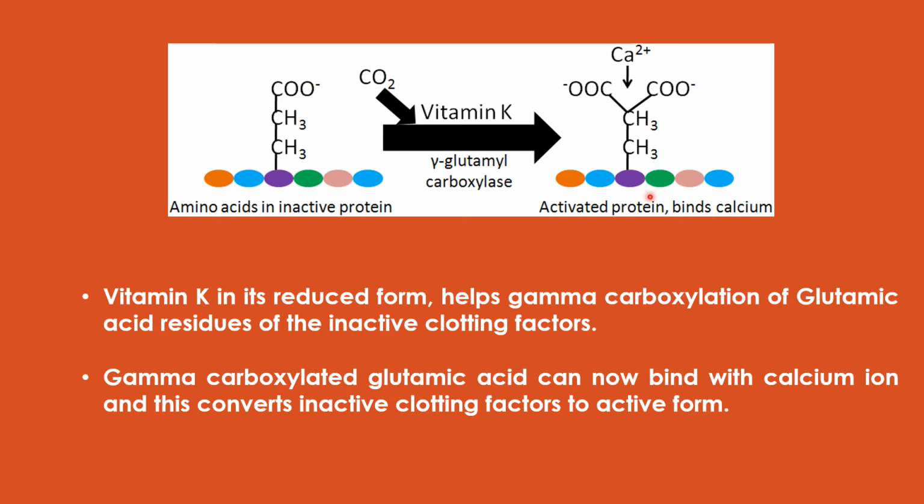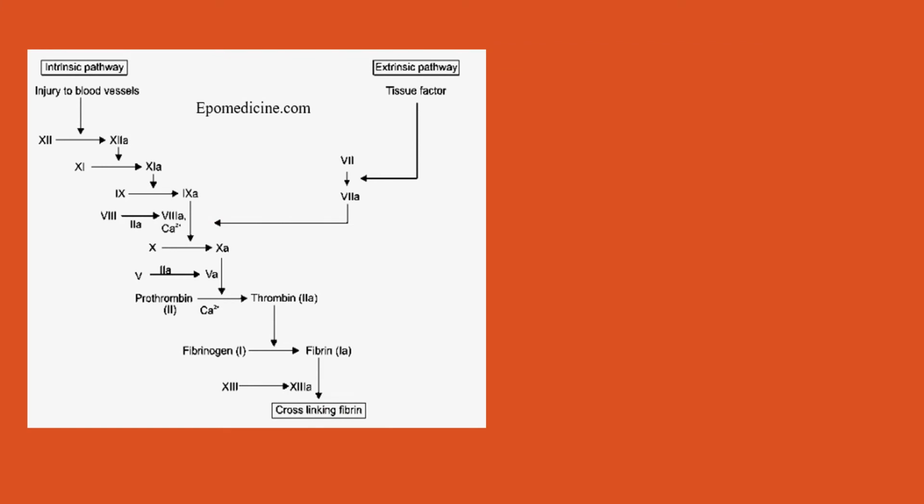When the gamma carboxylation is done, these vitamin K dependent coagulation factors, like factor 10, factor 9, factor 2, factor 7, can now bind with the calcium ion, and this converts these inactive clotting factors to their active form. So this is the coagulation cascade.